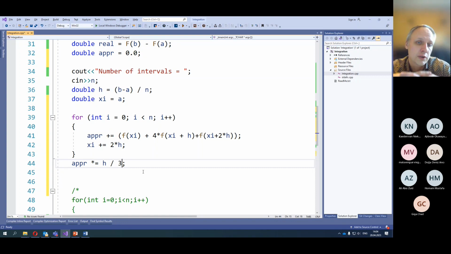So from the first point of view, this formula is not very complex. Let's check the error of our computations.